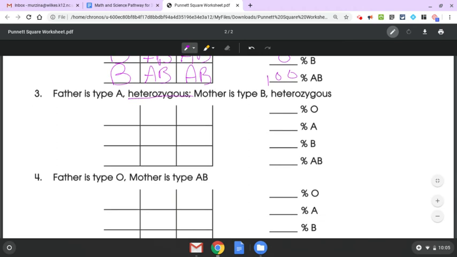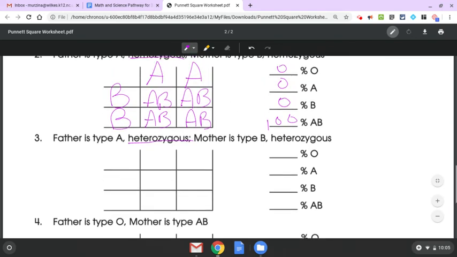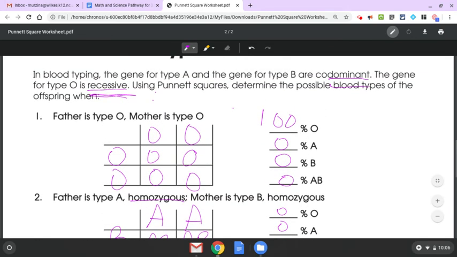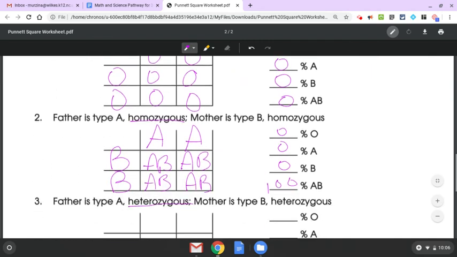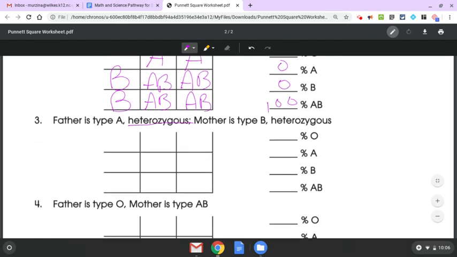Next, it says that the father is type A, heterozygous, and the mother is type B, heterozygous. If you'll remember, in the instructions, it tells you that the O is the recessive gene. So since the father is type A, heterozygous, that means that his blood type is going to look like this.